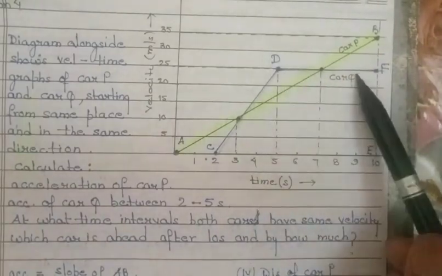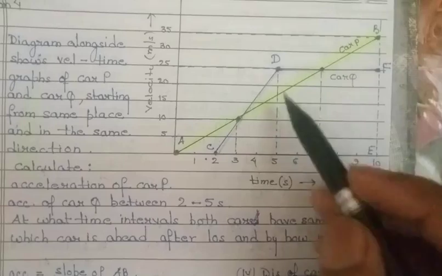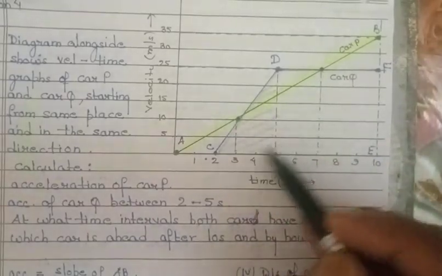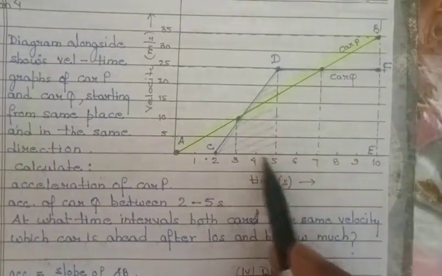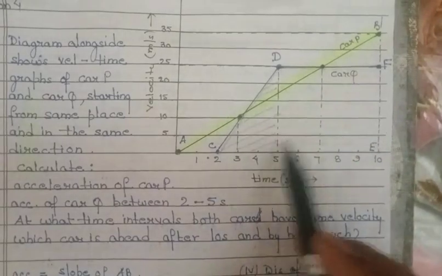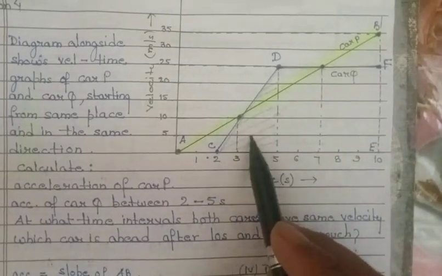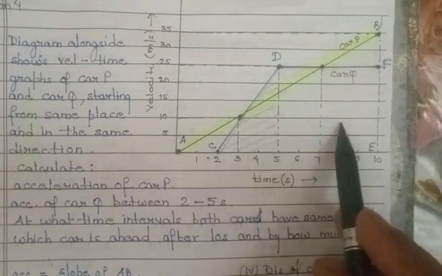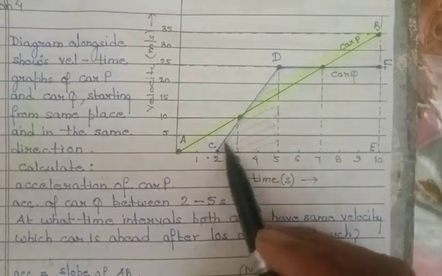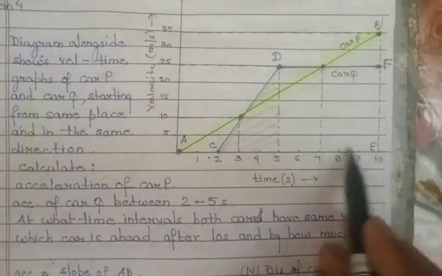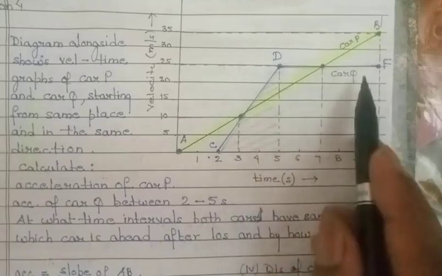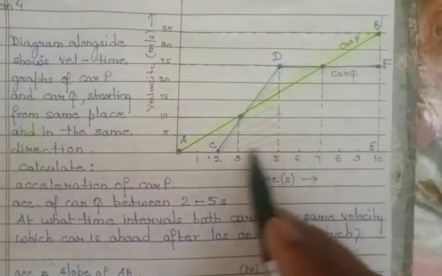Now this sketch can be divided in two parts. One part is this, a triangle, and the other part is a rectangle. So you can get the area of the triangle plus the area of the rectangle, or there is one more way. This sketch altogether is giving you a trapezium. C, D, F, E. This is a trapezium.